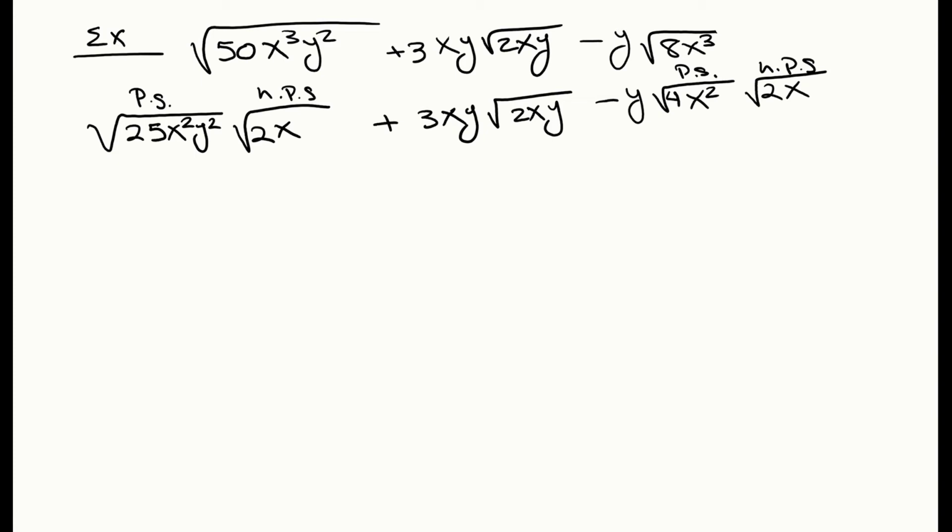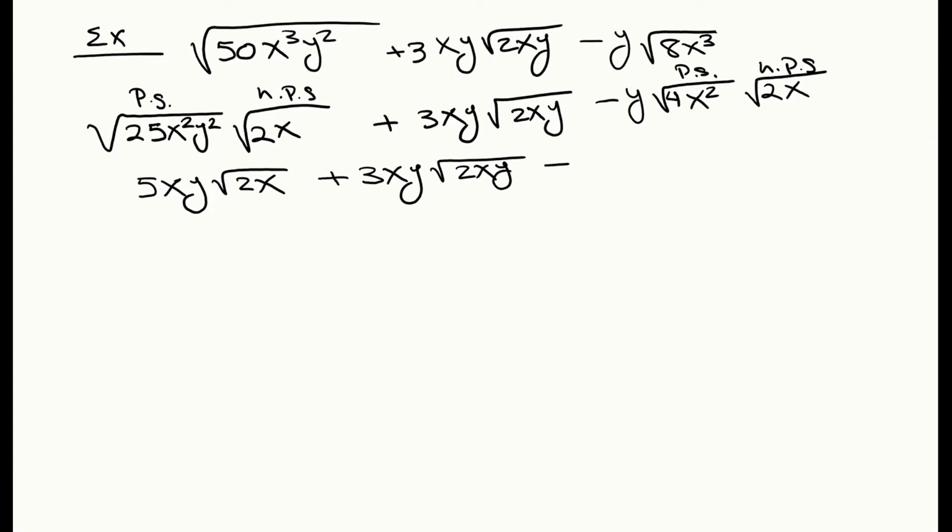Now, if we go ahead and simplify further, we end up with 5xy radical 2x plus 3xy radical 2xy minus the square root of 4x squared is going to be 2x.